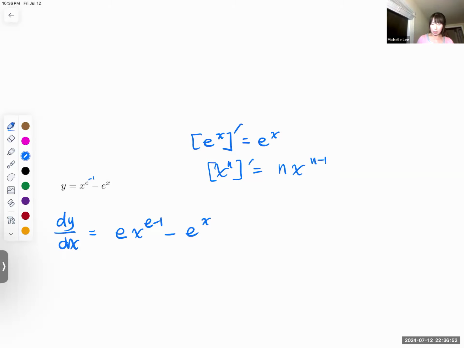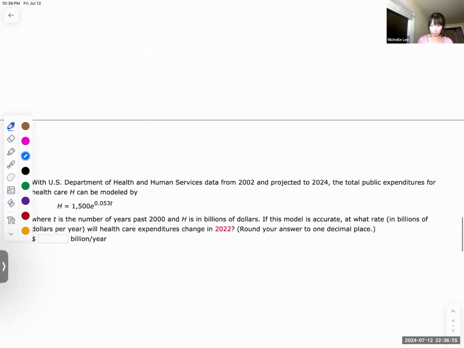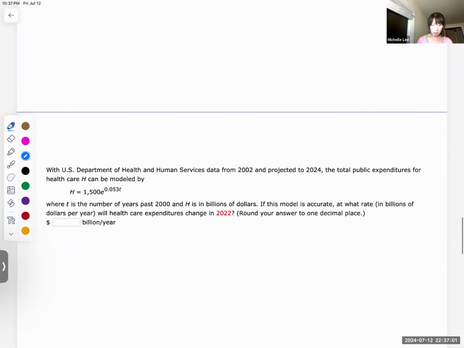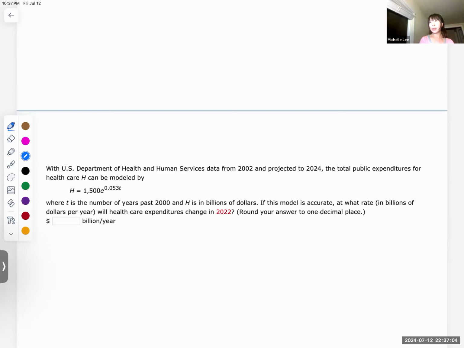All right. Next one, we have, I can make it smaller, okay. With the US Department of Health and Human Service data from 2002 and projected to 2024, the total public expenditure for health care can be modeled by h equal to that, where t is the number of years past 2000 and h is billions of dollars.